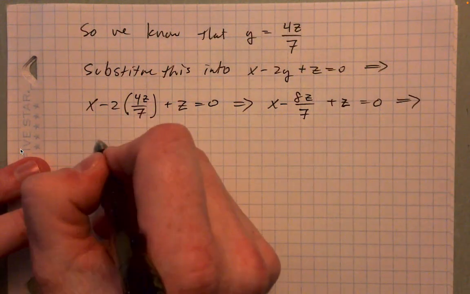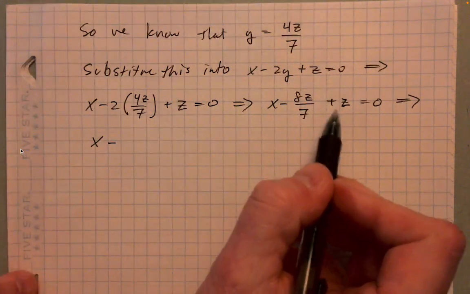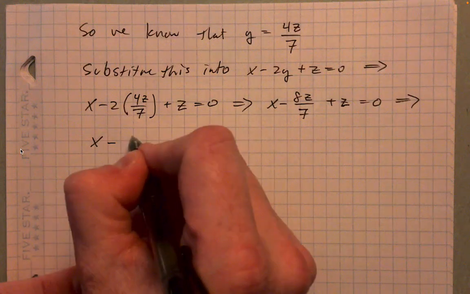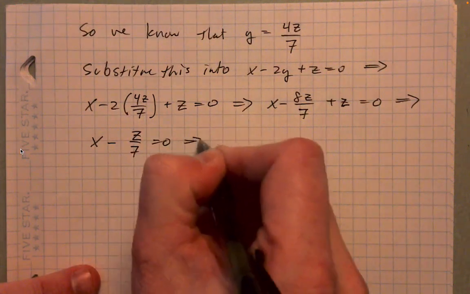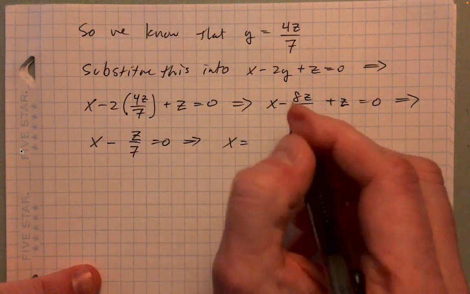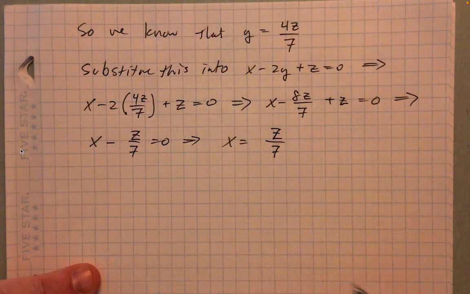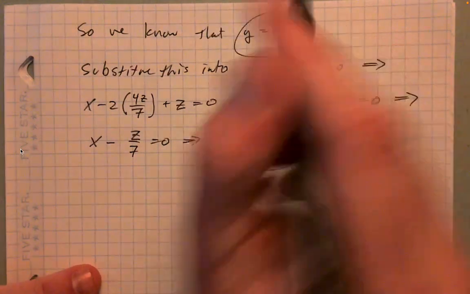This will be x minus, now 8z over 7 plus 7z over 7 is 1z over 7, right? So x minus z over 7 equals 0. And so that's going to imply that x is equal to z over 7. Okay. All right, so I've got this one and I've got this one now.